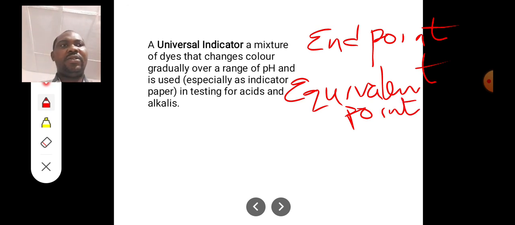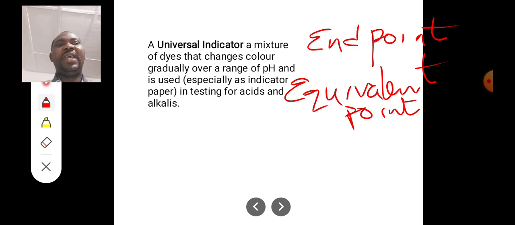Let me start with equivalence point. Equivalence point is the point when the chemical reaction comes to an end. Once the neutralization reaction comes to an end, we call it the equivalence point.